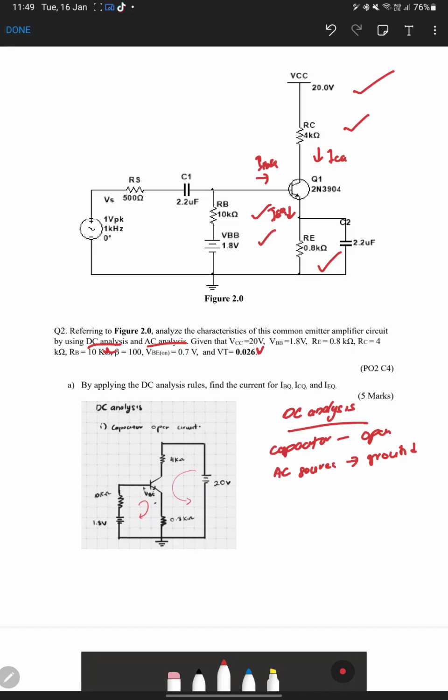So here we will open the circuit for every capacitor that we have. So this part will be eliminated and this part will be eliminated, and then the rest we will draw back. We got this kind of circuit.